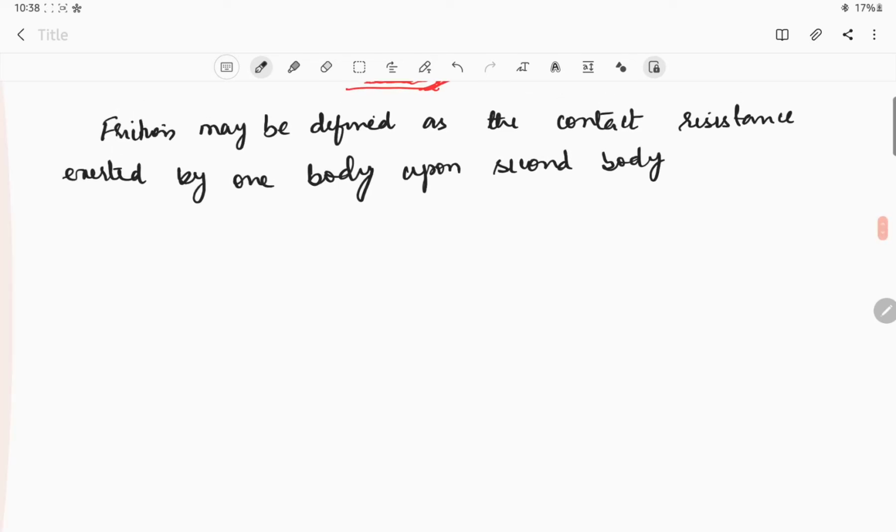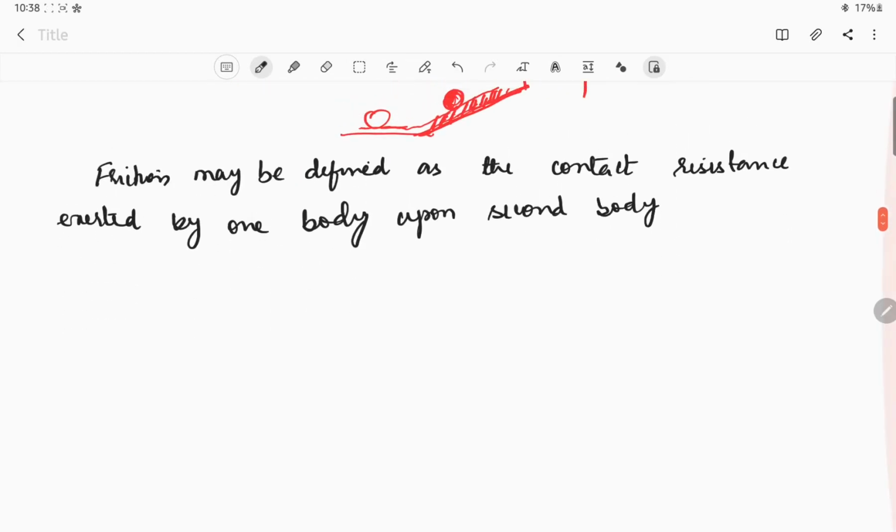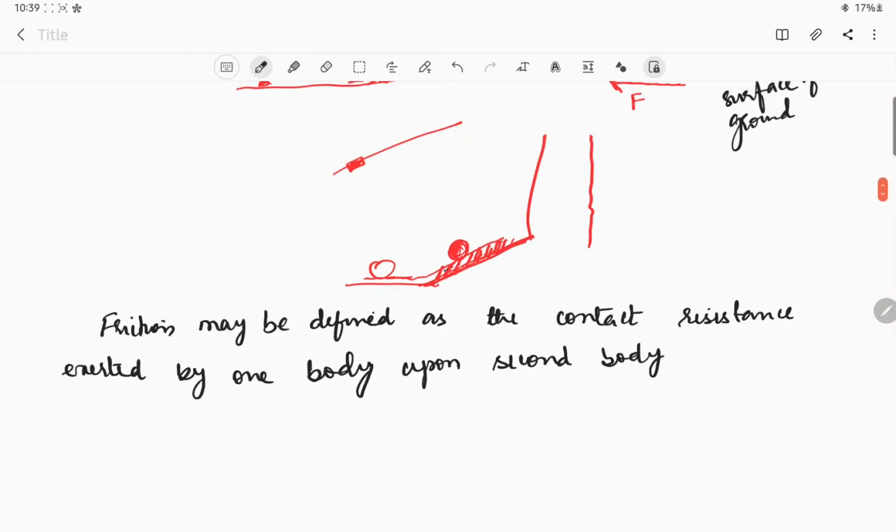body. So with the help of this example, you can see here that this is the surface of my ramp, and this is the surface of the tire. So friction may be defined as the contact resistance exerted by one body, this is one body, and upon second body. Where is the second body? The second body is the ramp.